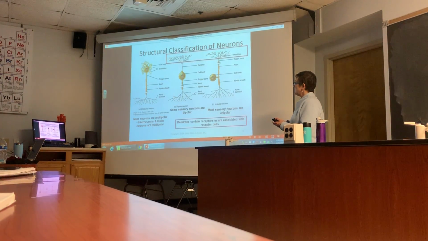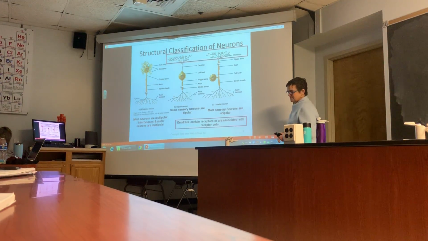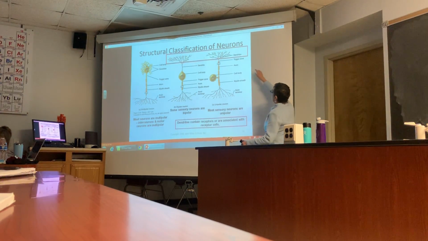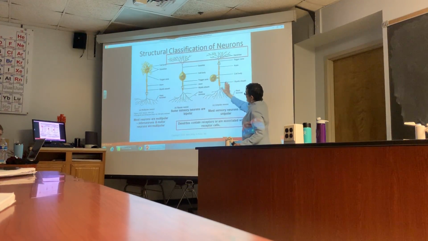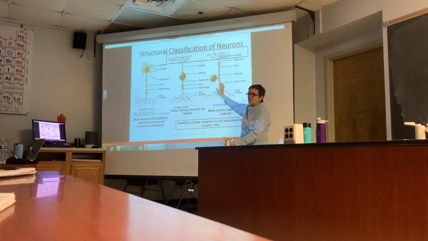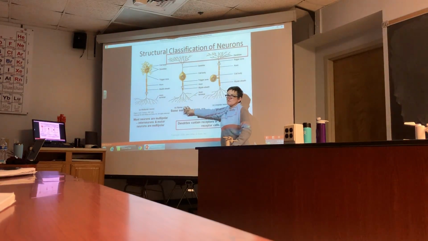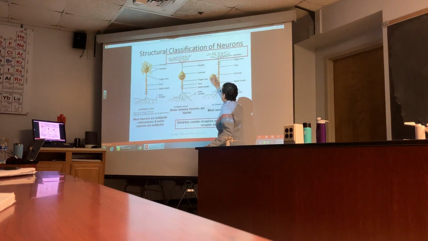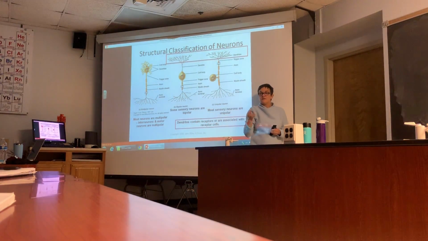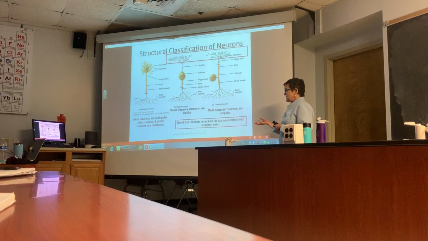Again, I put a box around the dendrites up there so that you can see. I don't think my little pointer works, but in the box there, these two cells here are sensory neurons. Most sensory neurons are unipolar. Some sensory neurons in the special senses are bipolar. But either way, the dendrites are either where the sensory receptors are, or they are associated with receptor cells.